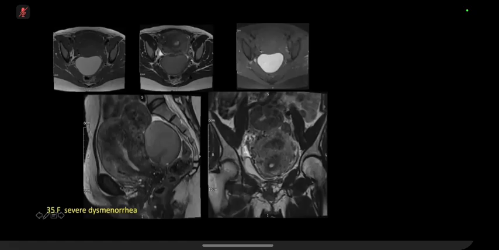So bright on T1 and iso-intense on T2, and stays bright on the fat sat sequence, axial slices, so it's behaving like blood and is in the posterior compartment, posterior to the uterus. It's a bulky uterus. Then on the sagittal sequences, again, it confirms that this is a T2 iso-intense signal lesion posterior to the uterus and is separate to the uterus.